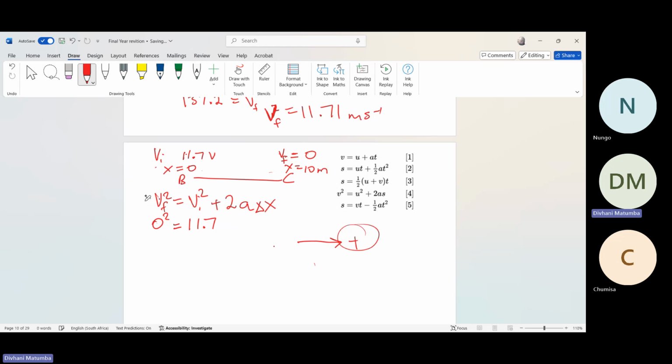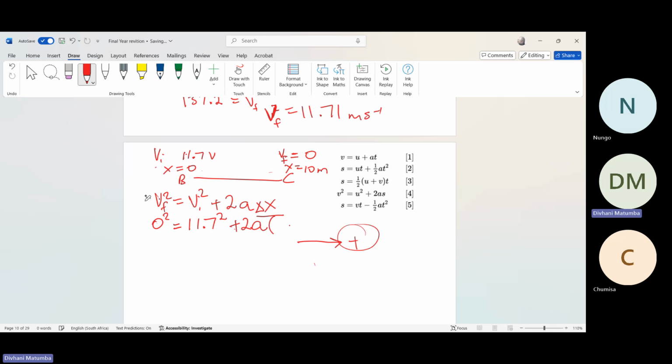Just bear in mind. So your final velocity is 0. Your initial velocity is 11.7 squared, which is positive, plus 2 times acceleration, and the displacement is also in the positive direction, if you check.